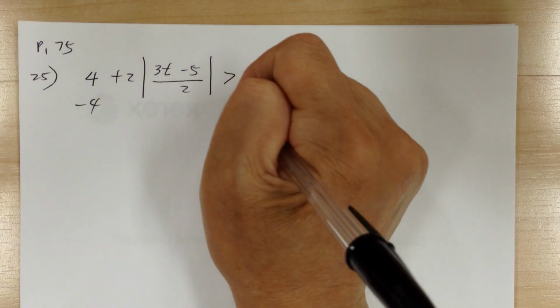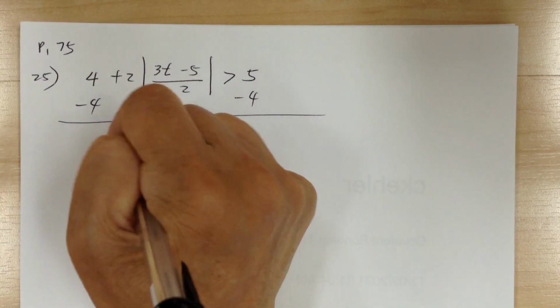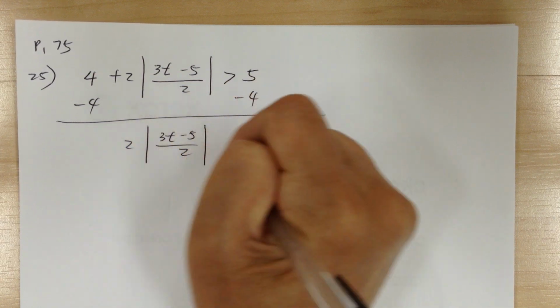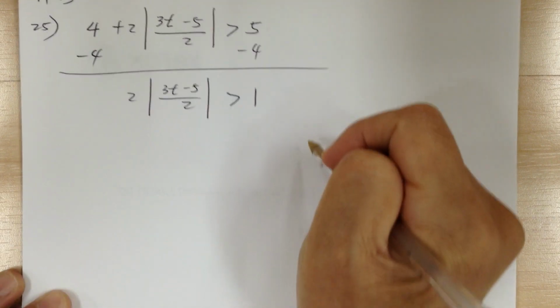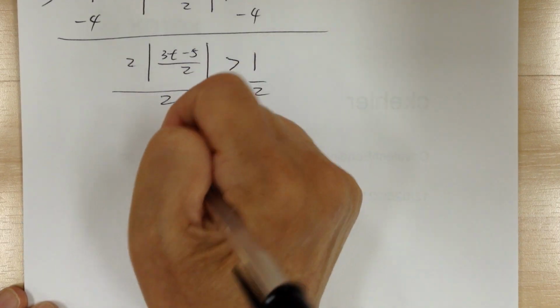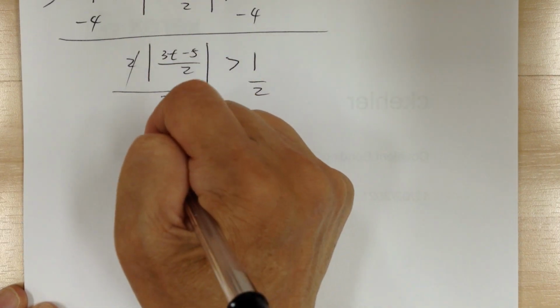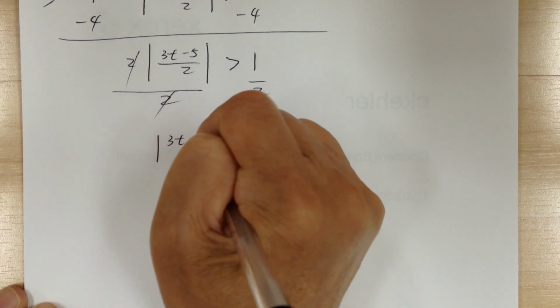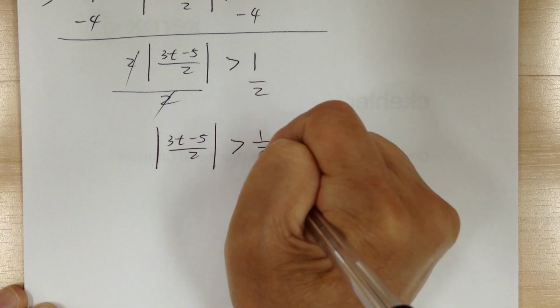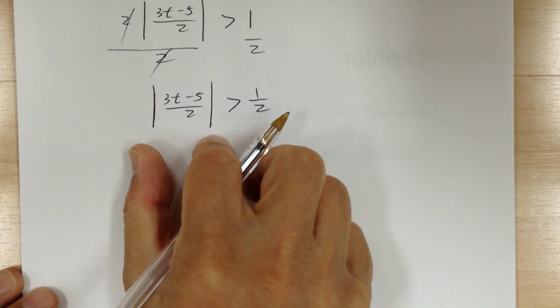So minus 4 on both sides. So you got 2 absolute value of 3t minus 5 over 2 is greater than or equal to 1. Then we have to get rid of that, so divide by 2, divide by 2. Okay, so this will cancel out. So your absolute value of 3t minus 5 over 2 is greater than or equal to 1/2. So now the absolute value is by itself.